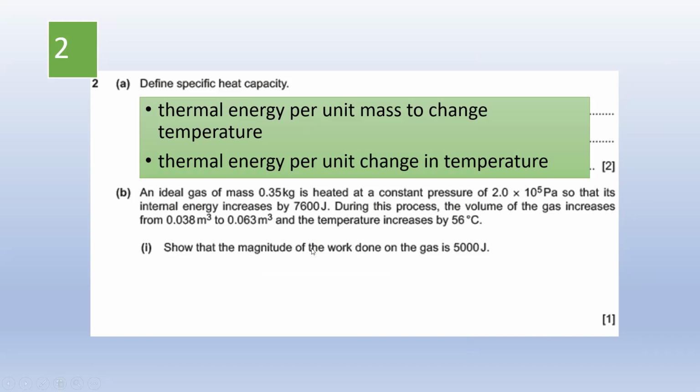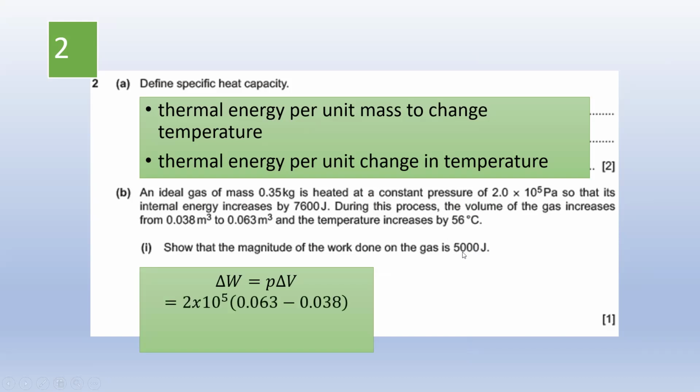Show that the magnitude of work done is 5,000. So use work done is P delta V. There's your pressure, and that's the change in volume, final one minus initial one. Calculate out, 5,000.